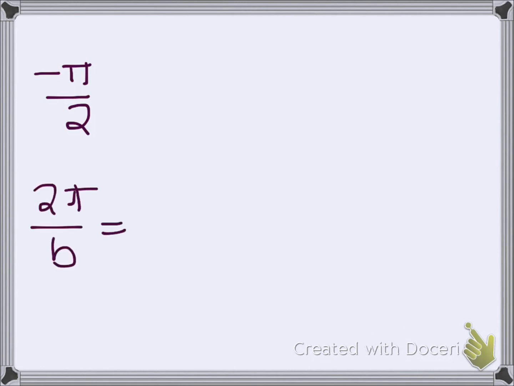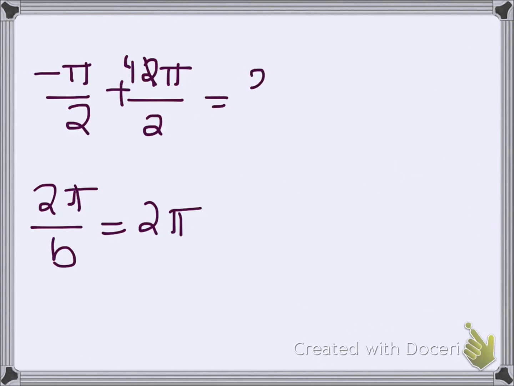So if you have a C, you will only need to have the first and last point in your graph. So if you start the graph at negative pi over 2, you have to add the period, and you get that by doing 2 pi over b, and we saw that the period equals 2 pi. So you add 2 pi to this, and this is 4 because you have to get the common denominator, and this would equal 3 pi over 2.